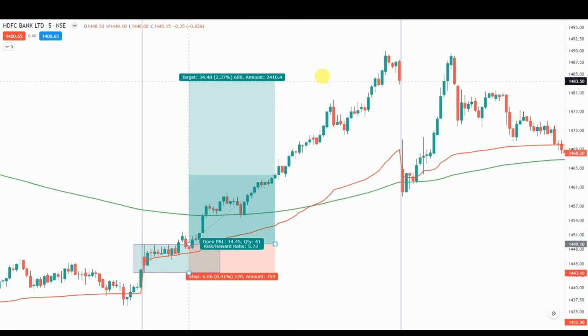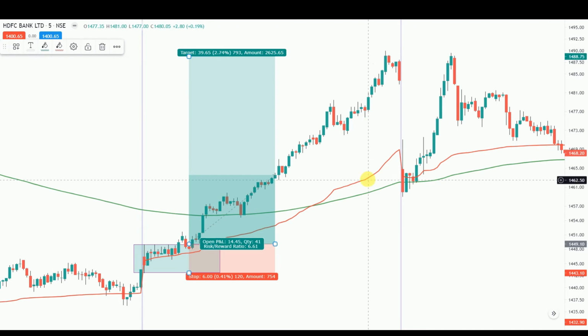So this is an exception and the advanced thing that I have come up with using 200 EMA and VWAP.